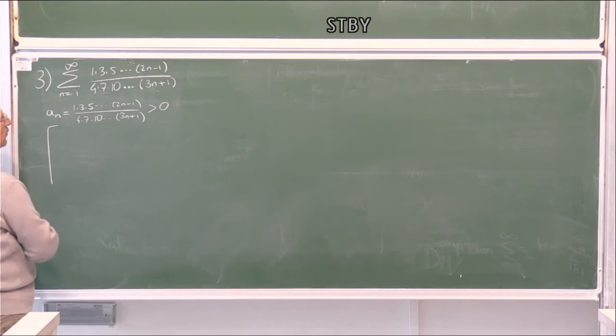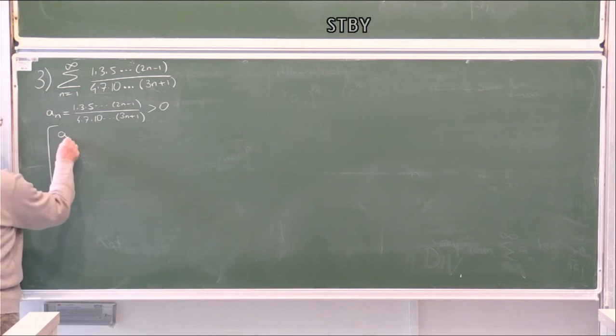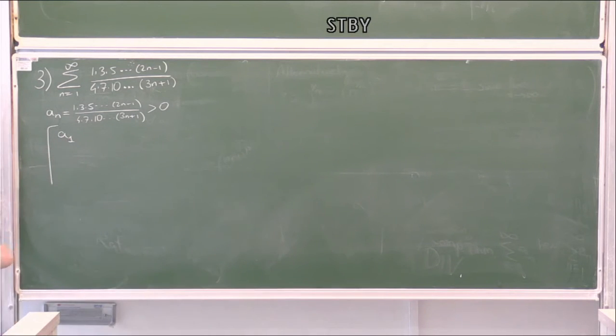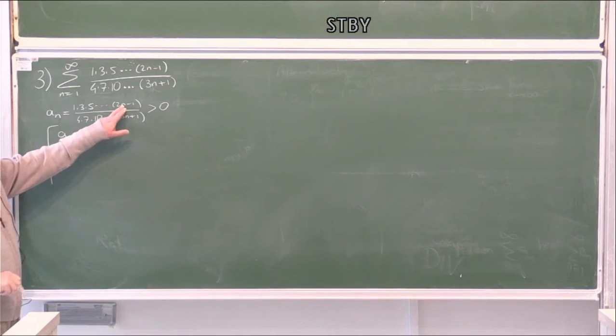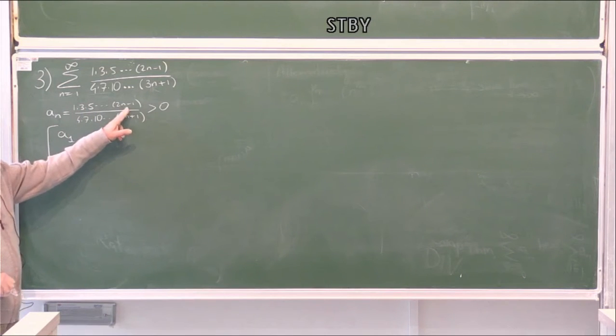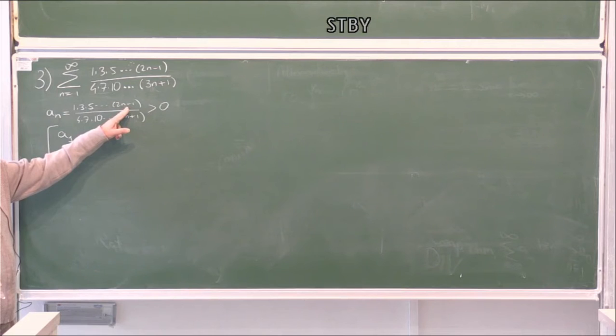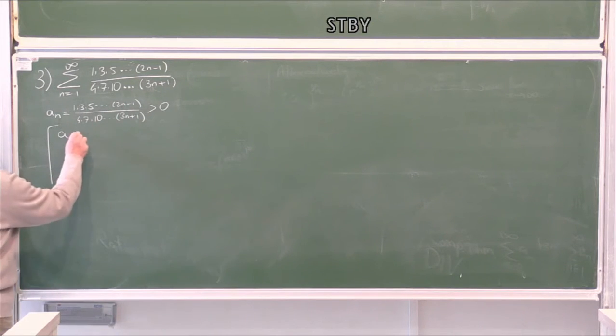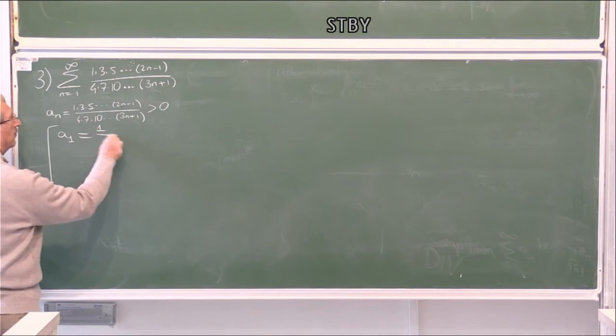This means the following. For example, a_1 means that you put n equal to 1. You multiply all odd numbers, starting with 1, up to 1. But there is only one of them. So this is 1 at the top.